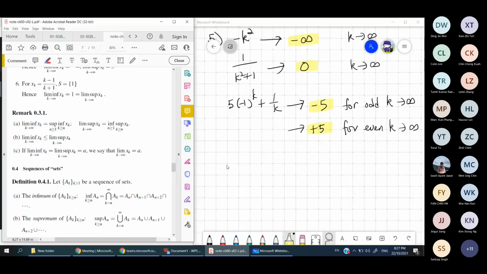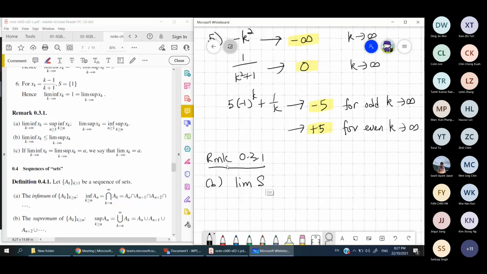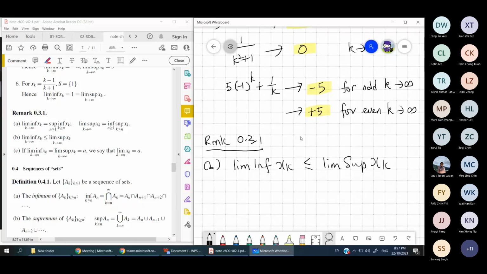Why can we have this? The reason is this is actually equal to the infimum of S, and this is actually equal to the supremum of S. So we know the supremum is always larger than or equal to the infimum of S. So that's why we can have this easily.